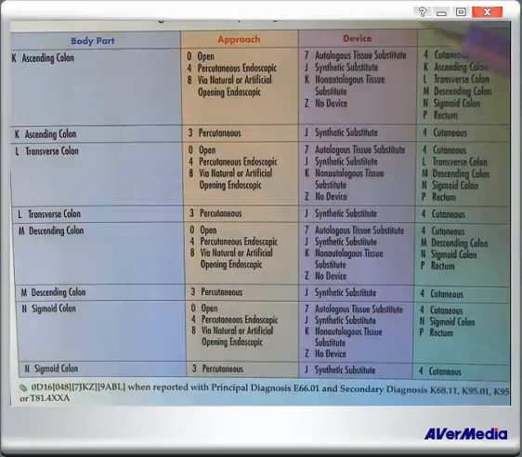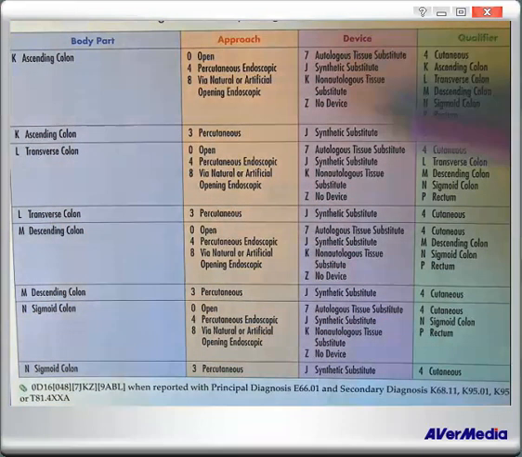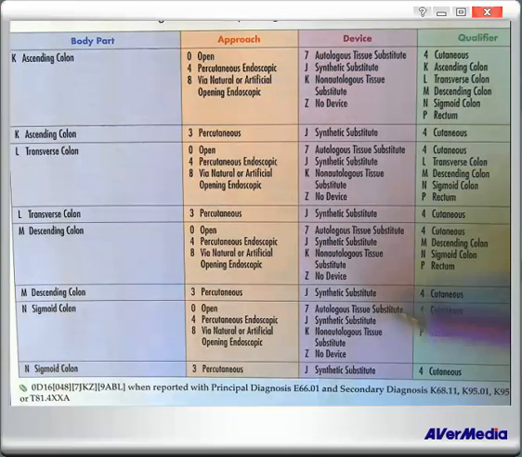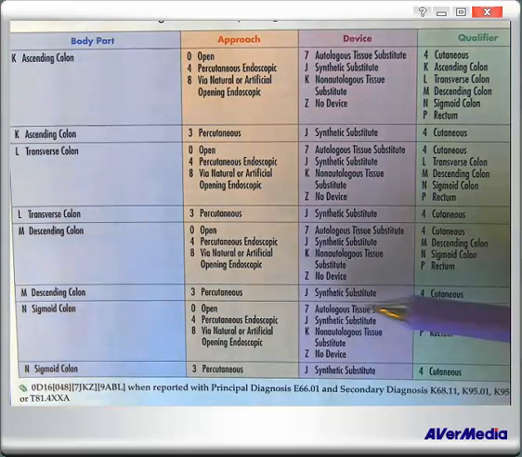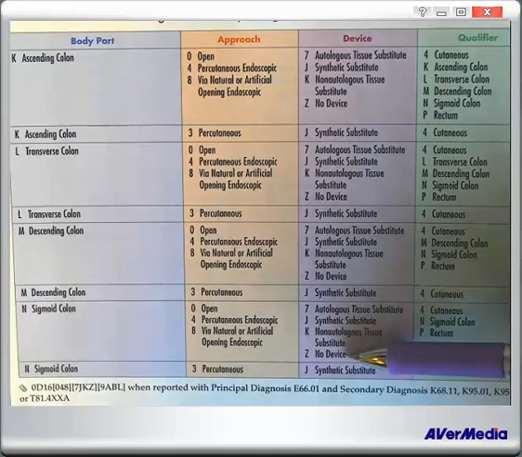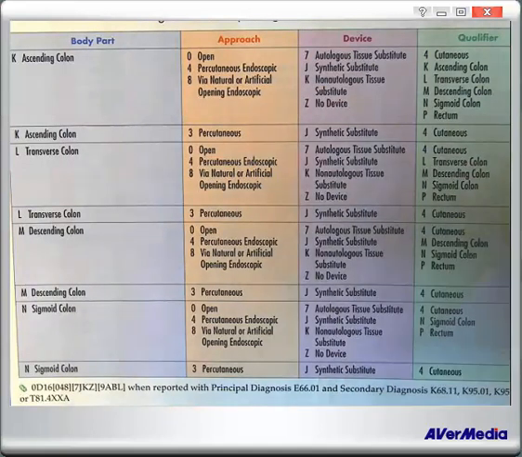Now, if you look, there are possible device characters. However, we do not have a device that we've used whatsoever. It would tell us if there was a device and there wasn't any tissue substitute, so we use Z, right? Now, the qualifier here is going to be where you were bypassing to.